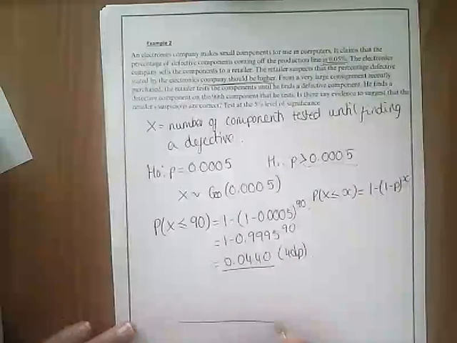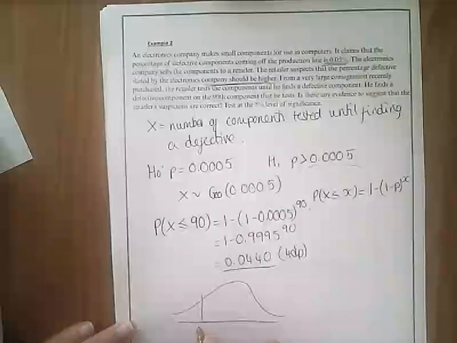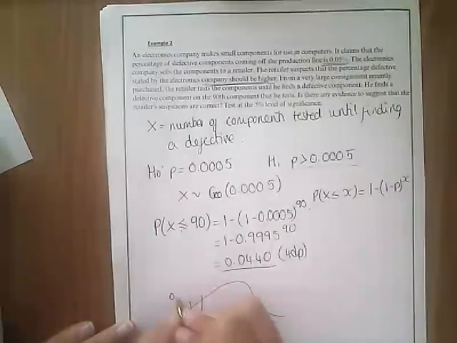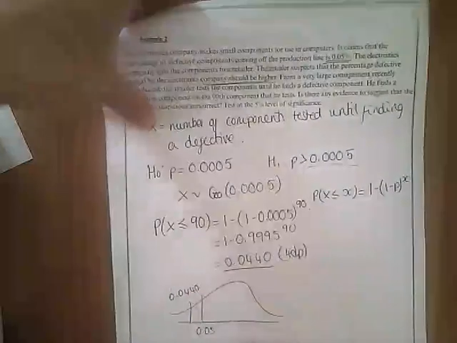Okay, same thing again, draw your distribution. Here's 0.05. Here's 0.0440. This is interesting that both examples have been like that. That's fine.